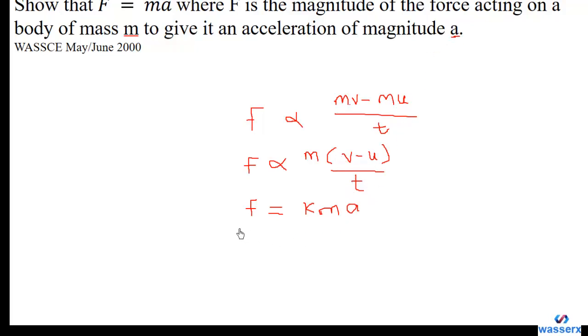Now we also know that force is measured in newtons, and from the system of units, the newton is the force needed to give a mass of 1 kg an acceleration of 1 meter per second squared. So that will mean that we must have our k equal to 1.